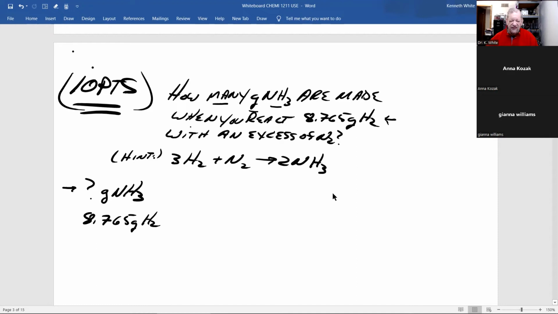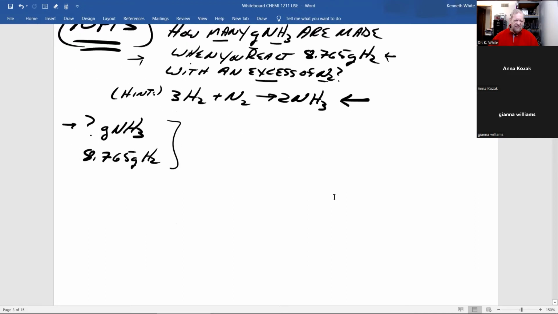Now, as soon as you see excess, that means ignore it, because you've got as much nitrogen as you need to react with anything nitrogen will react with. We're also given the balanced chemical equation. Once we have this, we don't have to look at the word problem again.